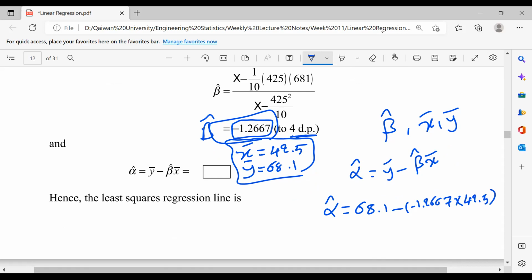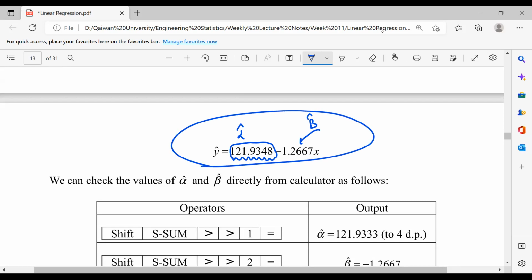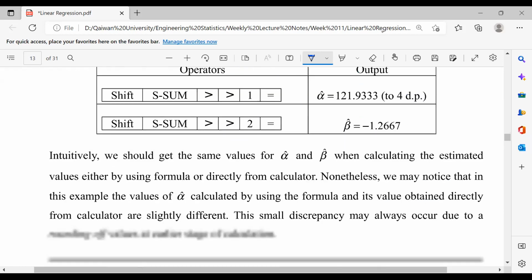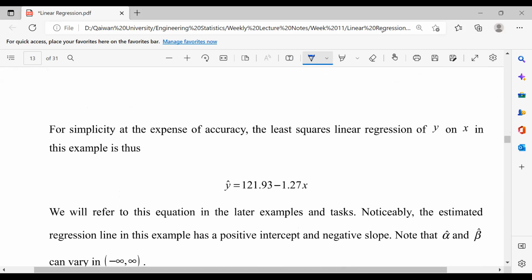We find this result, and the result is 121 point something. This is alpha hat, and this is beta hat. Okay, these are alpha hat and beta hat, and it's the end of the solution here, because we found the equation of the linear regression. That's it.